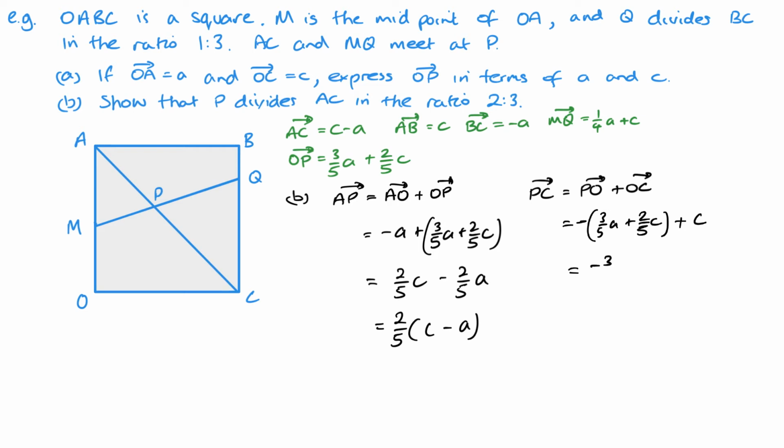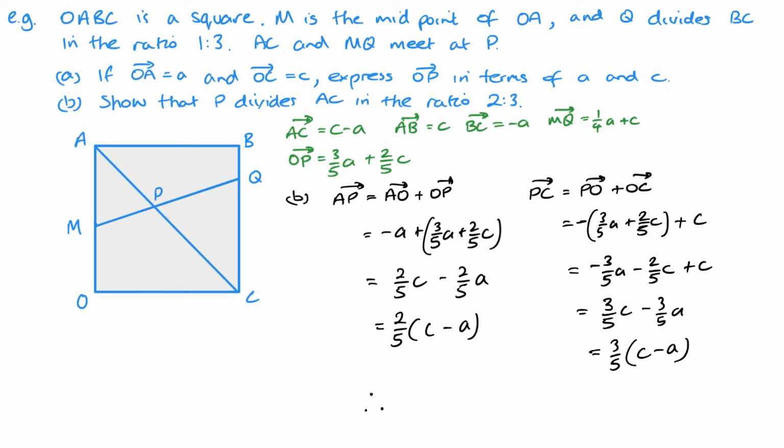Let's get rid of the brackets first, actually, before I end up making a silly mistake. So 1 take away 2/5 is 3/5 C minus 3/5 A. Factorize out my 3/5 and I get C minus A.